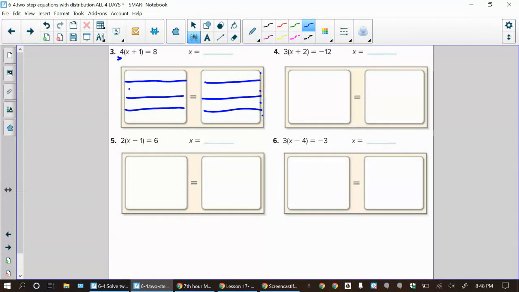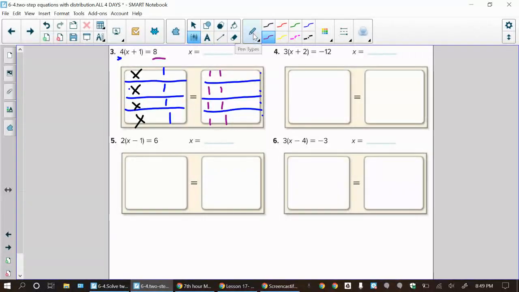Inside each part, I get an x and a 1. Or you can put positives, since eventually we're going to have negatives. And then I'm going to split my 8s. So I have 1, 2, 3, 4, 5, 6, 7, 8.